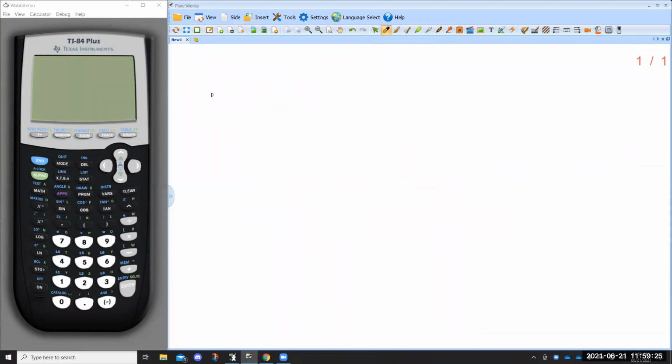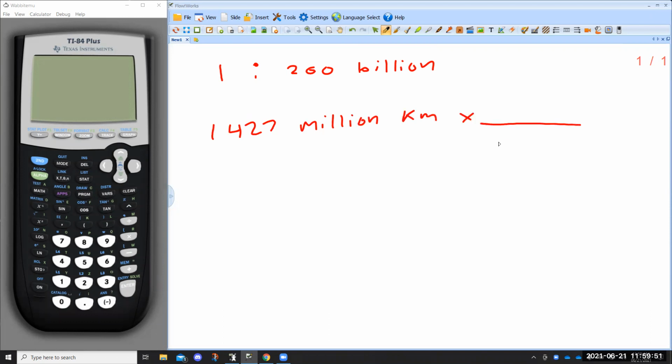Suppose you're constructing a scale model of a solar system using a scale ratio of 1 to 200 billion. In your scale model, what will be the distance from Saturn to the sun in meters? The distance from Saturn to the sun is 1,427 million kilometers. So we need 200 billion kilometers is going to become 1 kilometer.